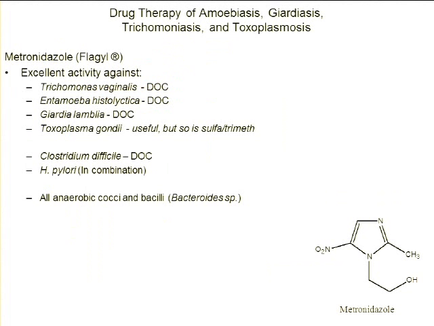Okay? So typically a drug of choice for treatment of C. diff. Now, metronidazole also covers toxoplasma, as you can see. It will be useful, but sulfa drugs and trimethoprim also cover toxoplasma. So this is something that we're adding to the coverage.